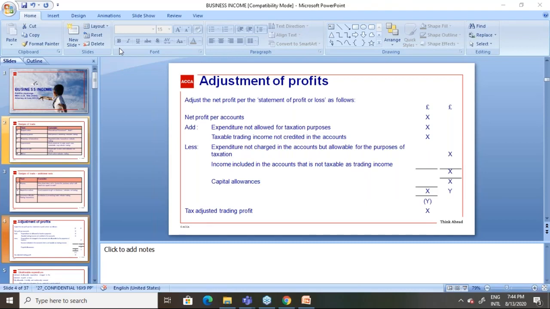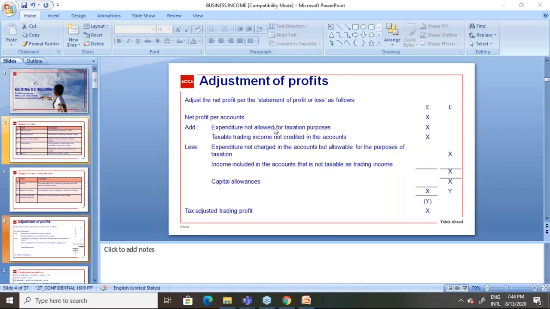The next thing is, if you have identified it as trading, then you are required to calculate the profits that you have generated from trading.